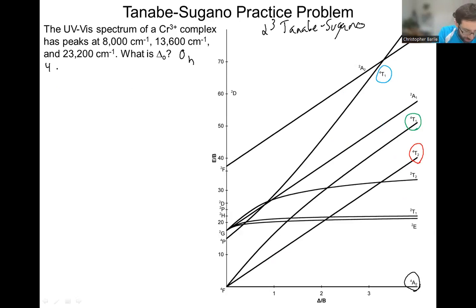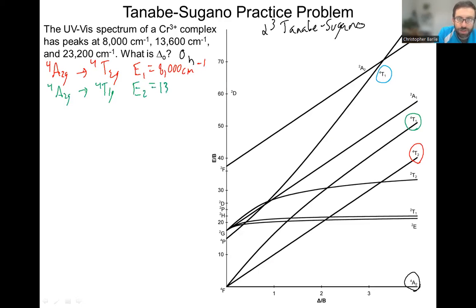So I'm just going to write these out here. Our first transition is quartet A2g to quartet T2g, and we know the energy of that transition, call it E1, is 8,000 wave numbers. Our next one is, again, going to that same ground state, quartet A2g, going to quartet T1g, and E2 is 13,600 wave numbers.